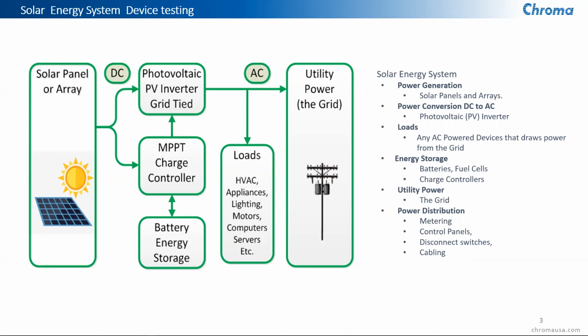So: power generation, solar power, solar panels, arrays; power conversion, PV inverter; loads, just about any device that gets plugged into the grid; energy storage, battery, fuel cells, controlled by charge controllers that are now incorporated into the PV inverters, referred to as hybrid inverters. Utility power would be the grid itself, and then power distribution, metering, control panels, etc.